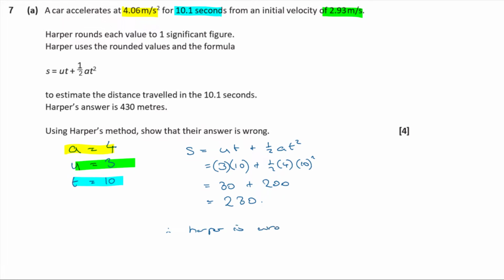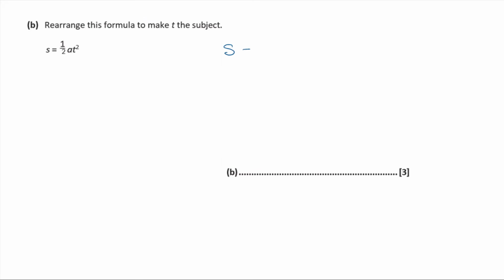So therefore Harper is wrong. Right, so I'm starting with s equals a half a t squared. I want to get t by itself. Okay, so multiplying everything through by 2 and dividing by a, I'm going to get 2s over a is equal to t squared.